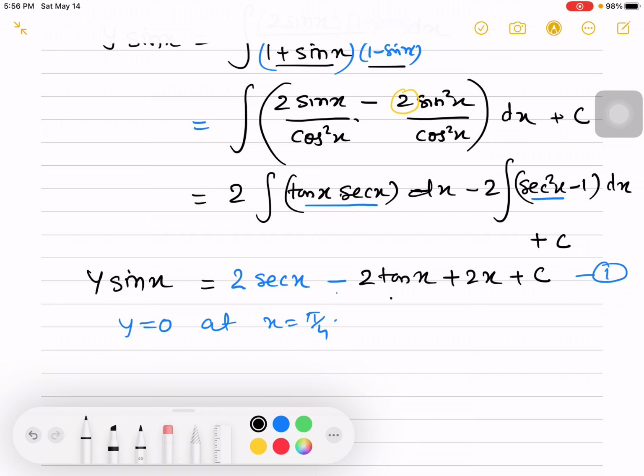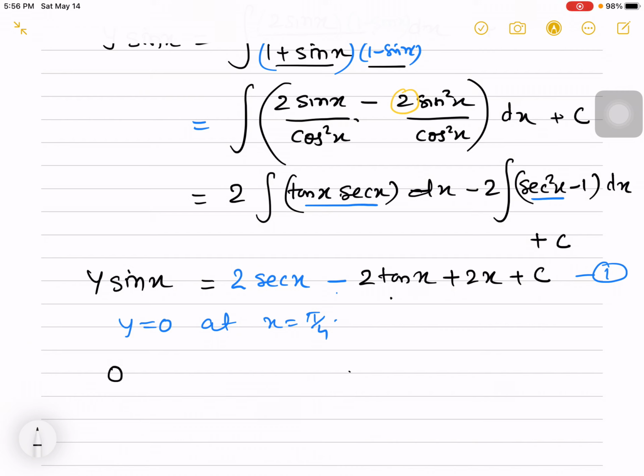Put y equal to 0 and x equal to pi by 4. Then it will be 0 is equal to 2 sec pi by 4. We already know that sec pi by 4 is root 2, and tan pi by 4 is 1, and 2 pi by 4 plus constant.